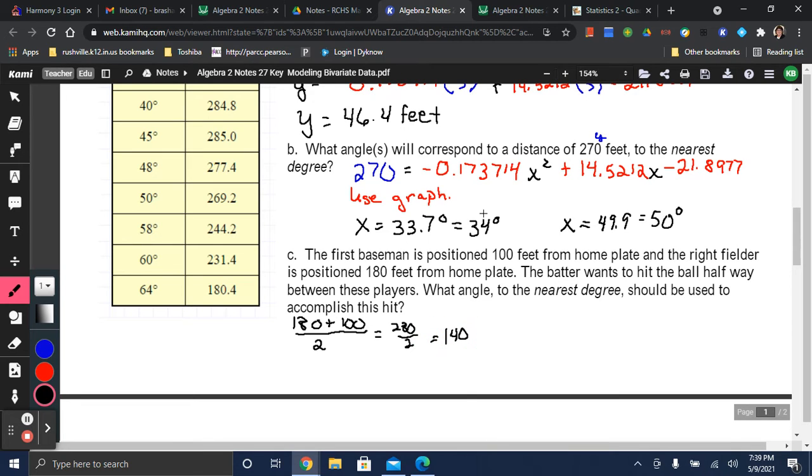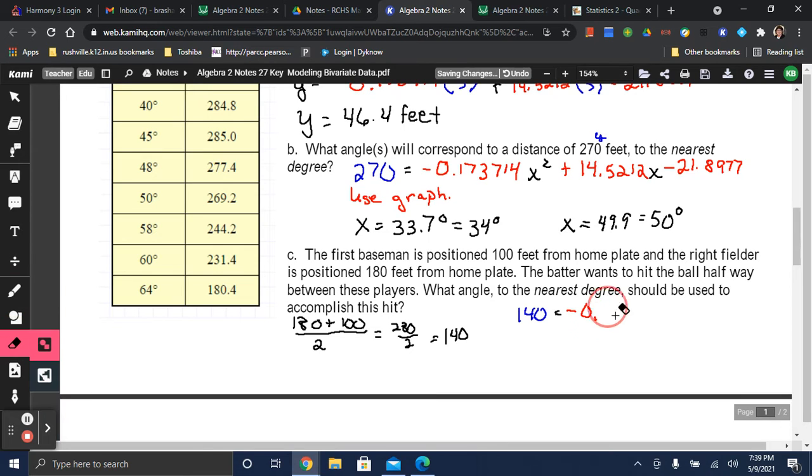Or you could just think about what that would be. So this is actually a similar question to what we had before. What would x be for the y to be 140? So in other words, 140 will equal our equation, and we could use the graph to solve that for x.